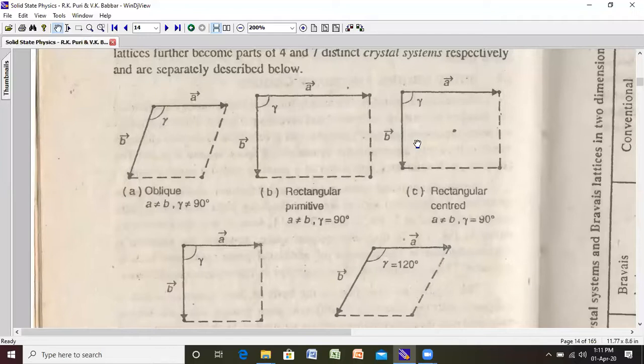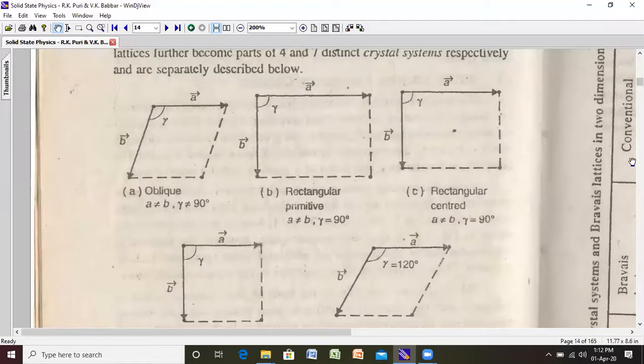This is non primitive actually, and we call it centered because 1/4 plus 1/4 plus 1/4 plus 1/4 equal to 1, and plus this one, the total number of effective points is 2 in the rectangular centered.